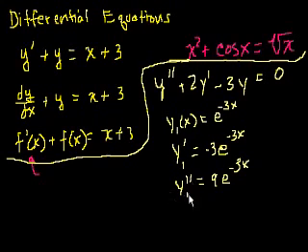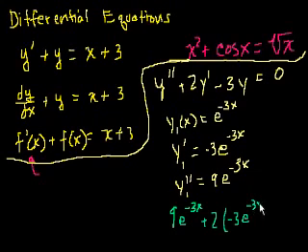Now let's verify that if we substitute y1 and its derivatives back into this differential equation, it holds true. So y prime prime gives us 9e to the minus 3x, plus 2 times y prime, which is 2 times minus 3e to the minus 3x, plus minus 3 times y, which is minus 3 times e to the minus 3x.